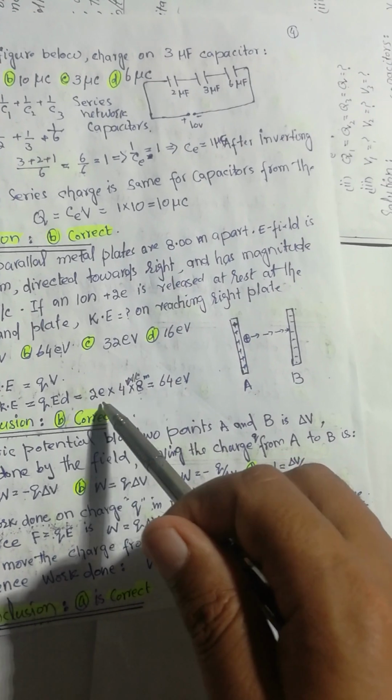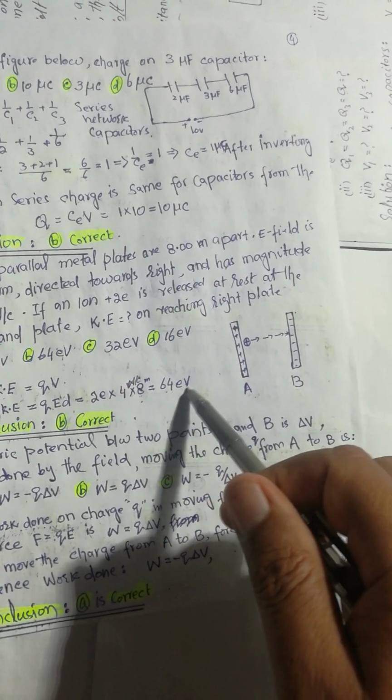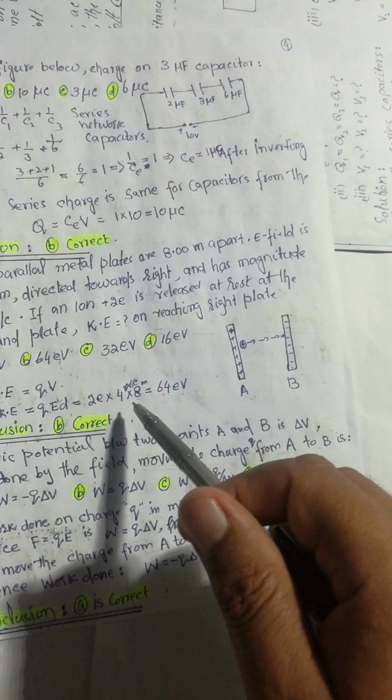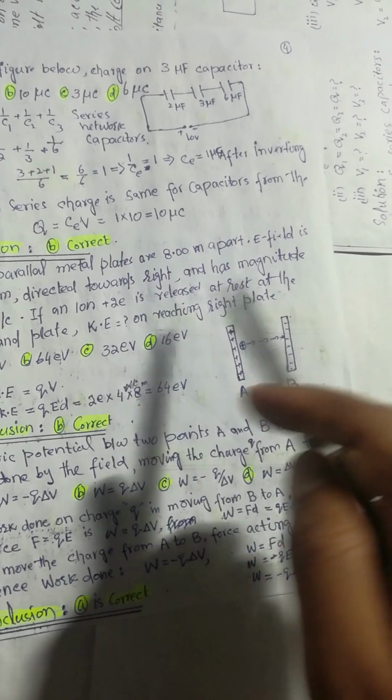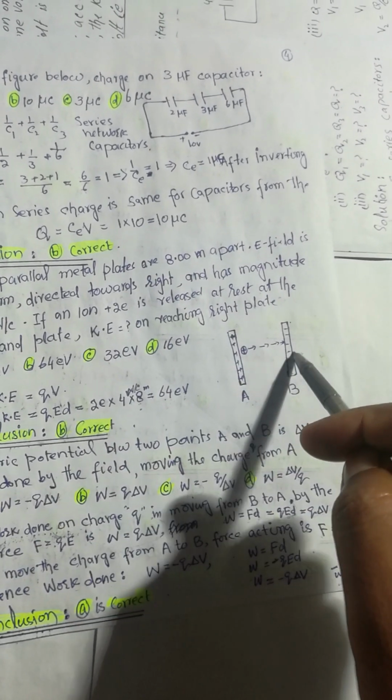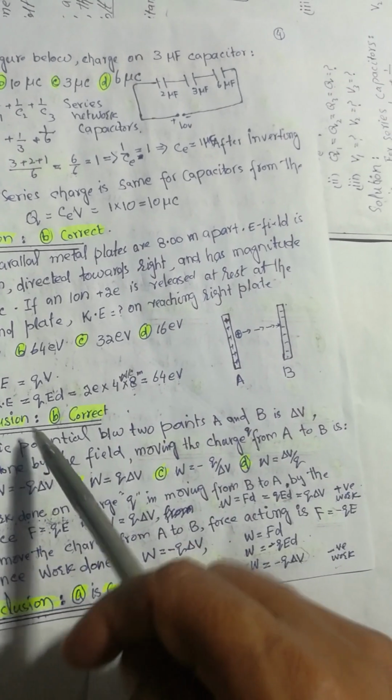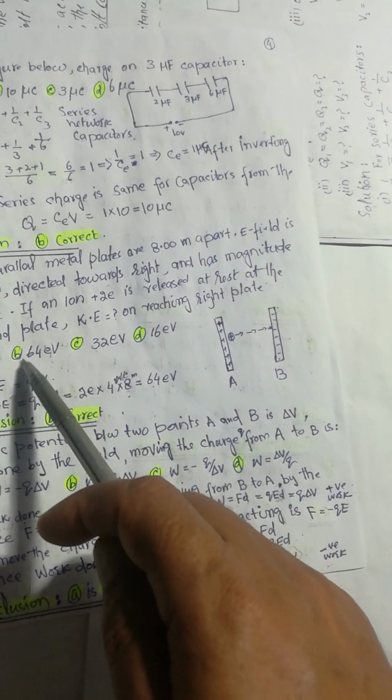Multiplying these, we finally get 64 electron volts, which is the kinetic energy gained by the ion on reaching the right plate. So option B is correct.